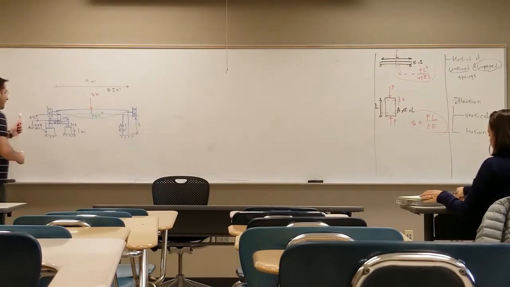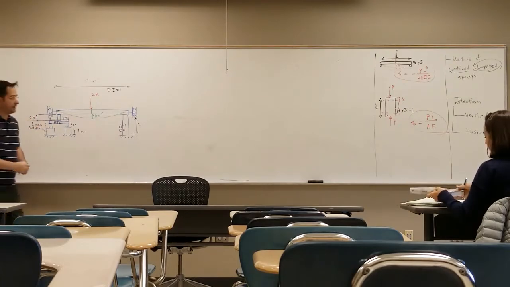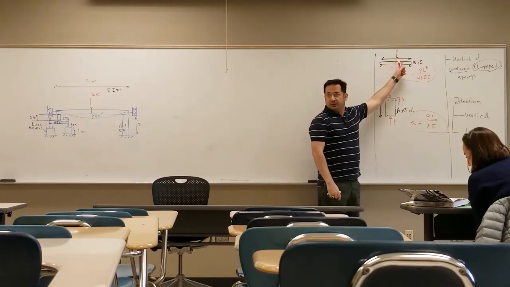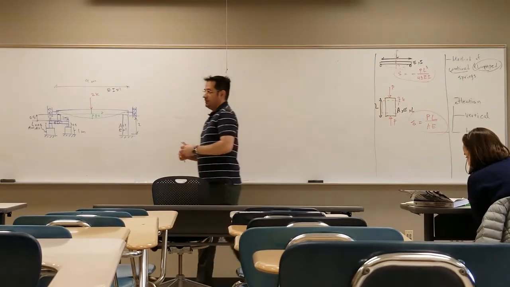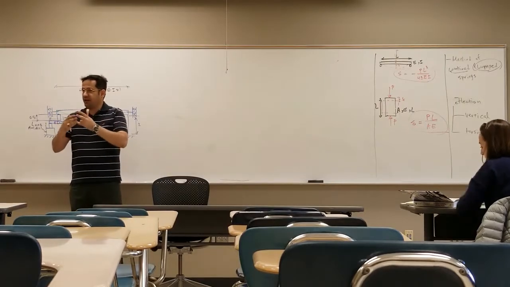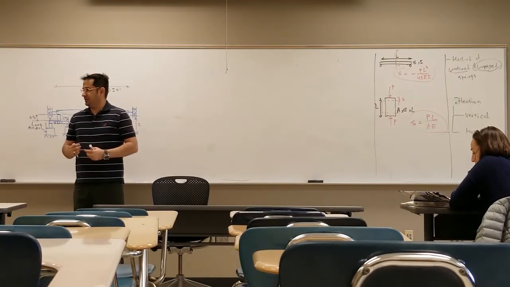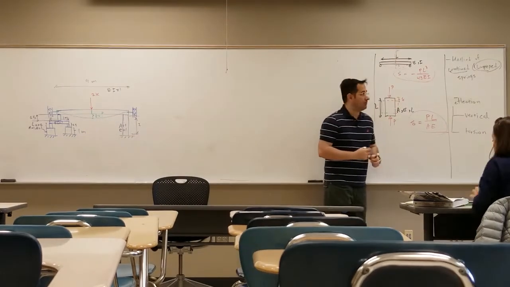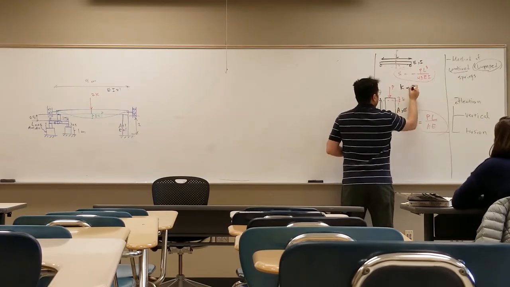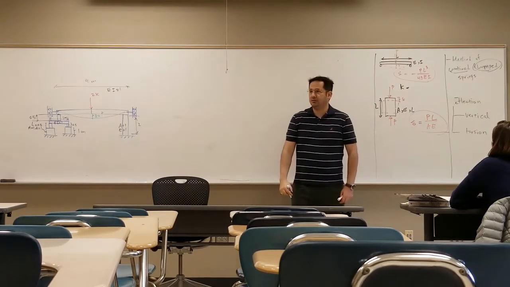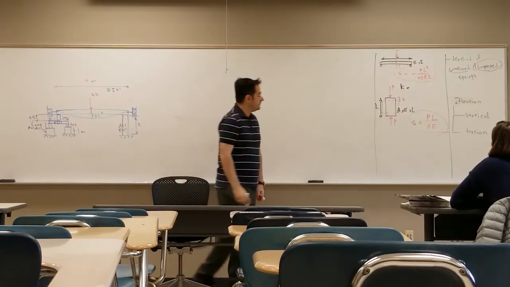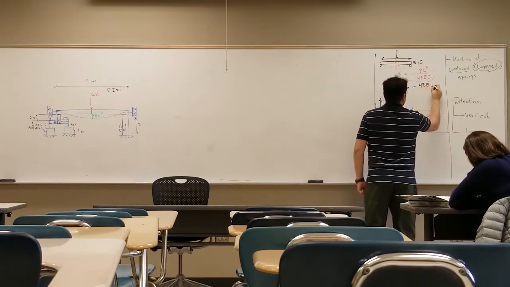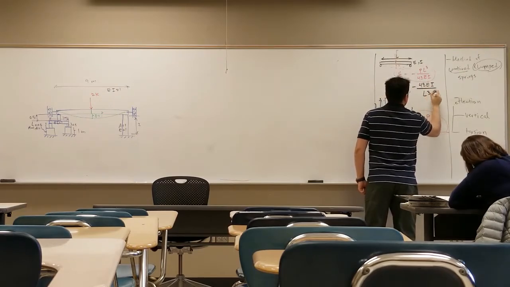So first of all, before I actually go to combine these springs together, what is the spring constant for this beam? So I want the relation K is equal to something. Say that. K is equal to 48 EI over L cubed.